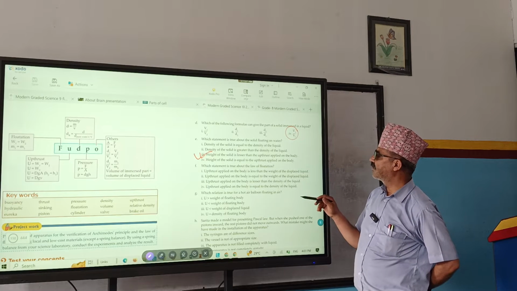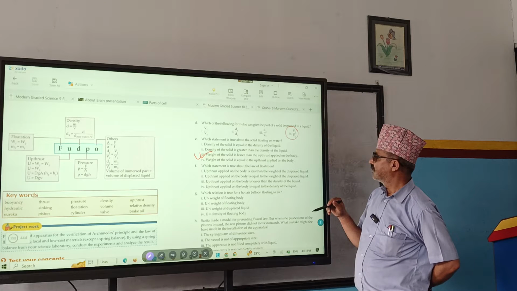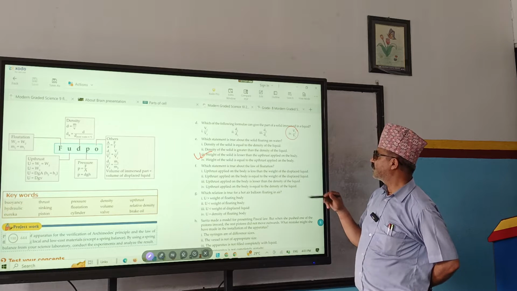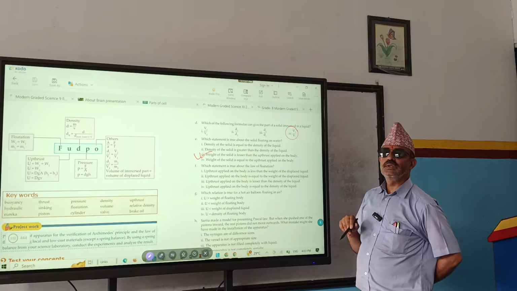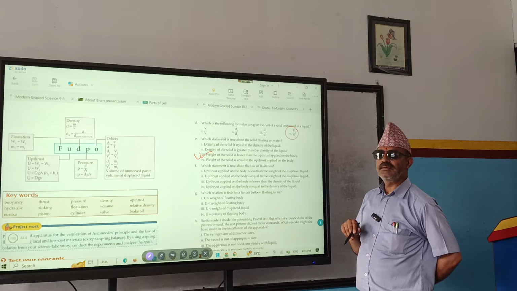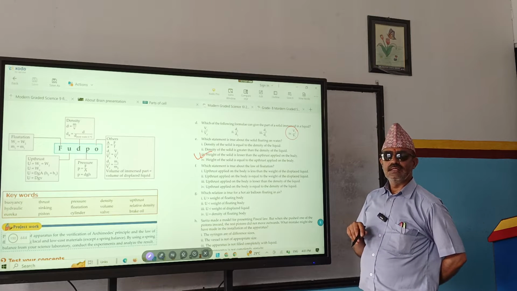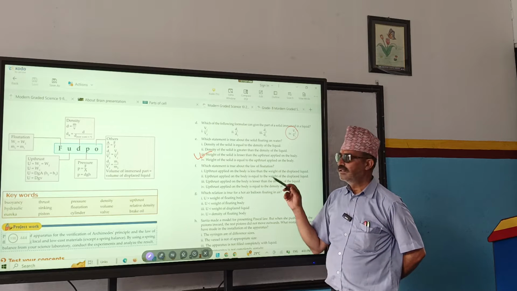So upthrust is equal to the weight of displaced liquid. So that is Archimedes principle, isn't it? In Archimedes principle, it says upthrust is equal to the weight of displaced liquid. Then is it not right? Choose others.